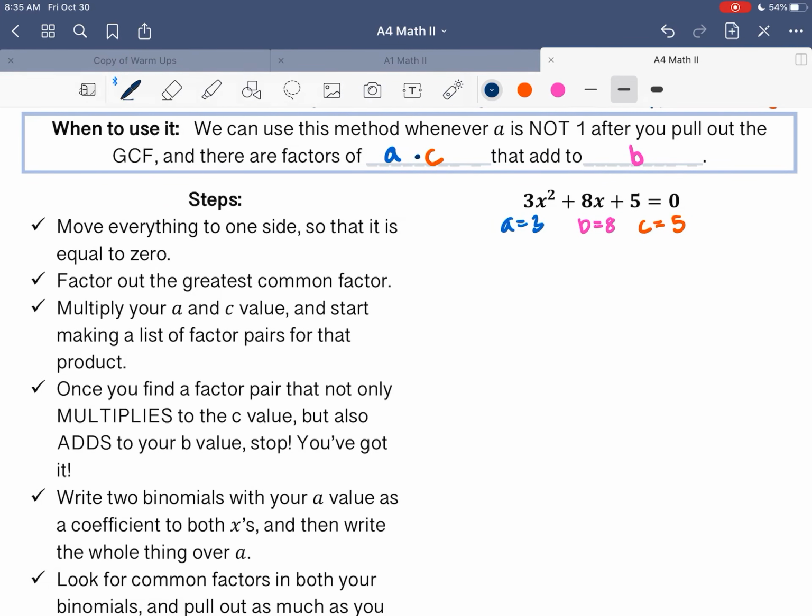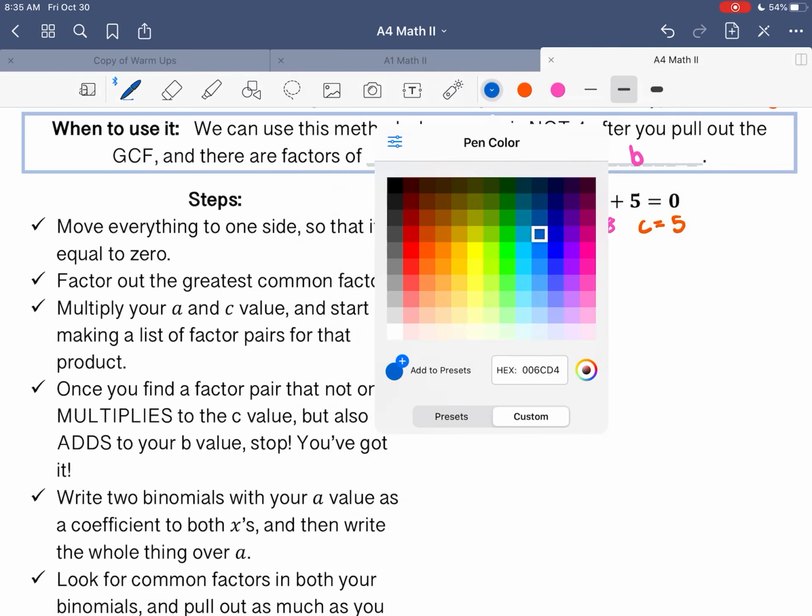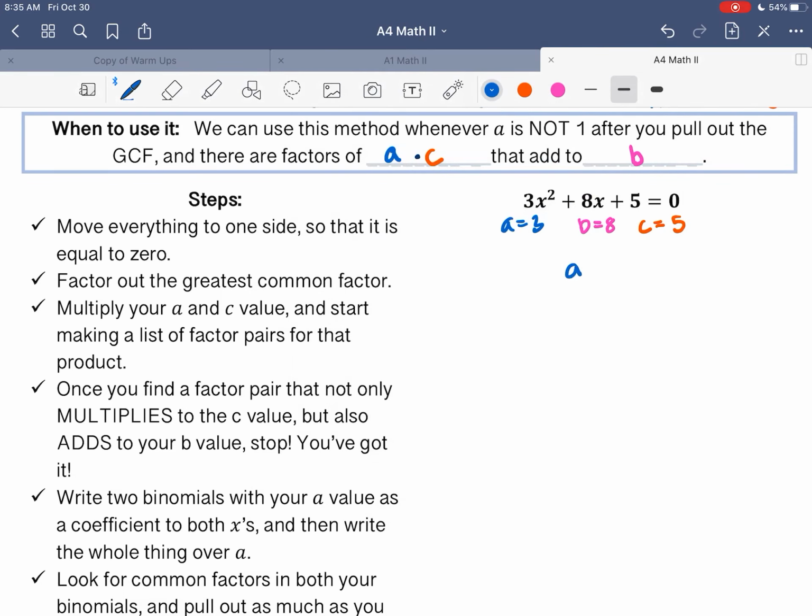The next step says multiply your a and c value and start making a list of factor pairs for that product. So we're trying to multiply a times c. Our a and our c are 3 and 5, which make this 15. The product is 15.